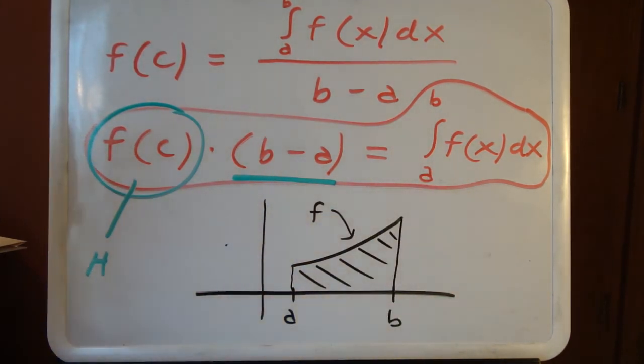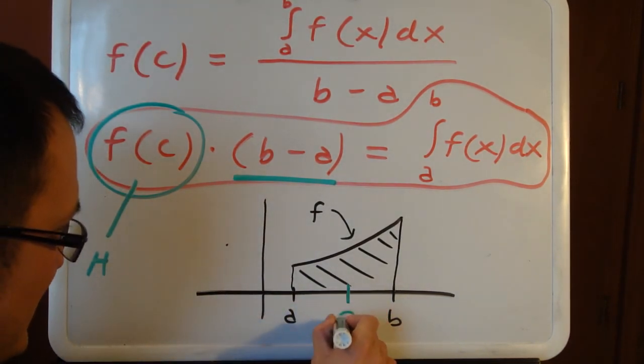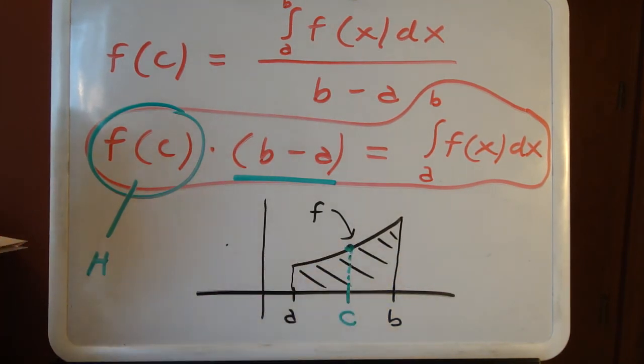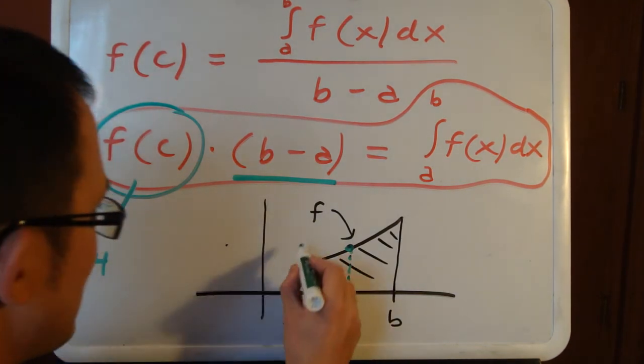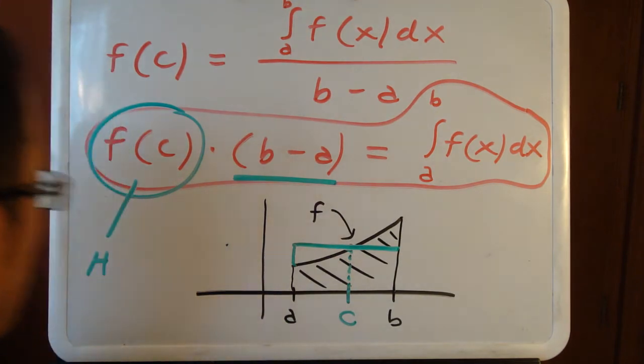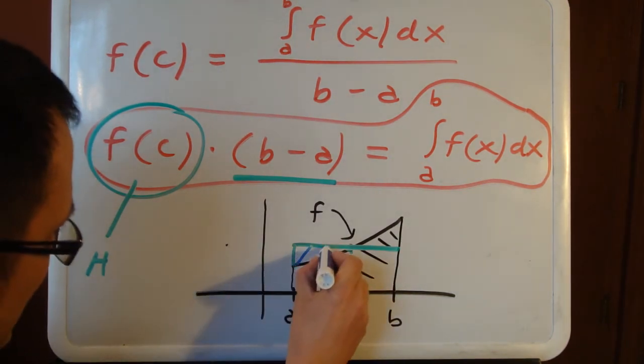So just in a diagram, this is sometimes tough to detect. I'm guessing in this picture it would be right around here. So if you go up here and you locate this position here, the height of this would be f of c. So we can draw a rectangle, just like this. And the argument here is if you take the area underneath the rectangle, that's going to be the same as the area underneath the curve.